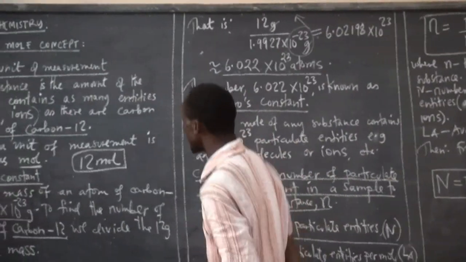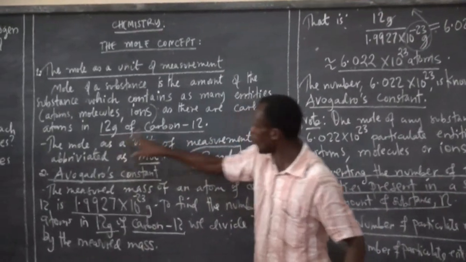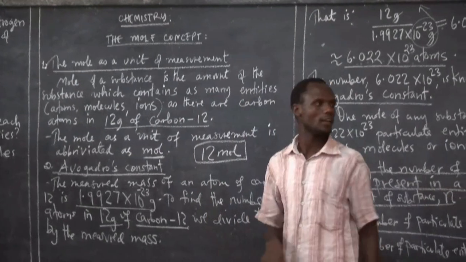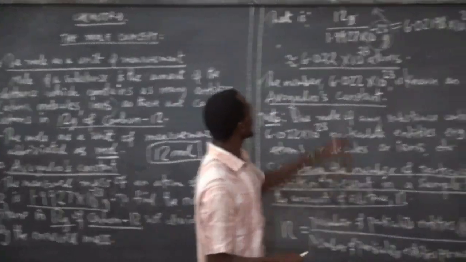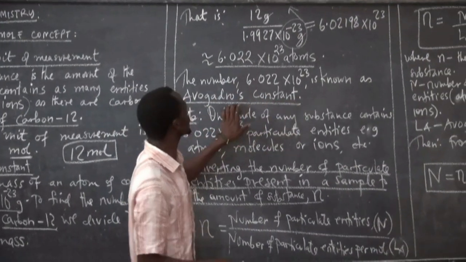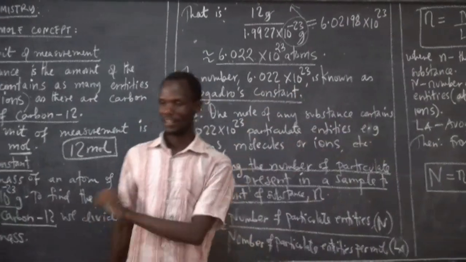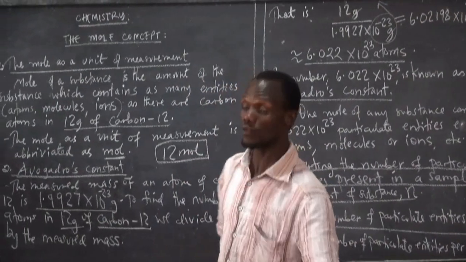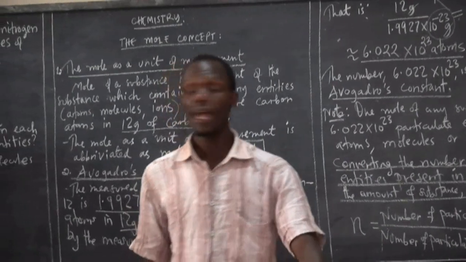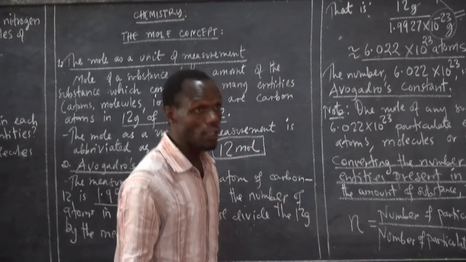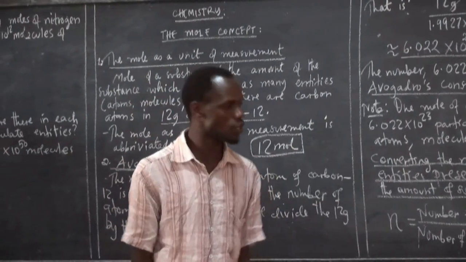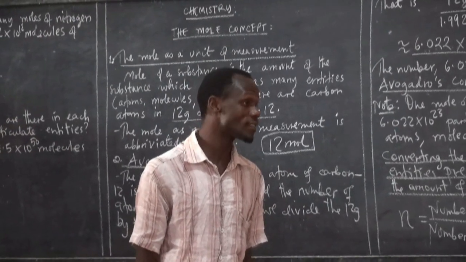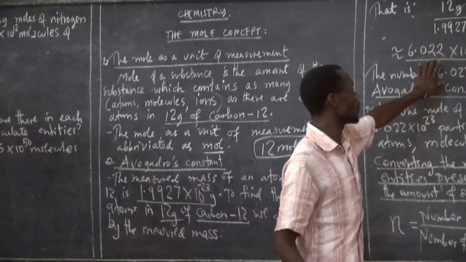And because we have taken 12 grams of carbon 12 as the reference, this value is known as Avogadro's constant. Wherever you go, if you are looking for the Avogadro's constant, don't be surprised; this is what we're talking about.